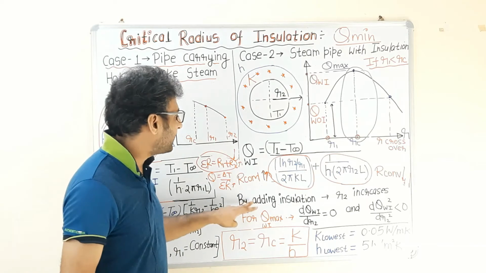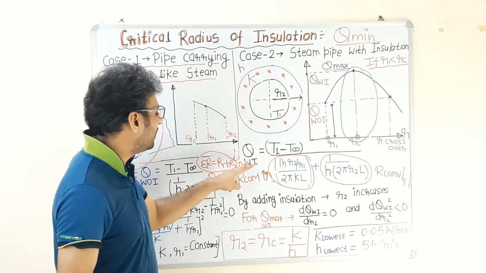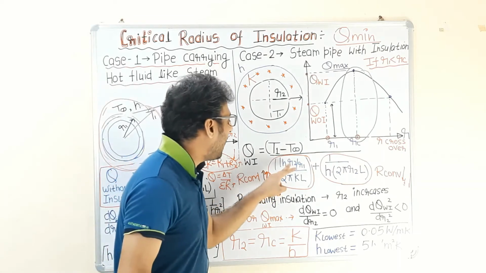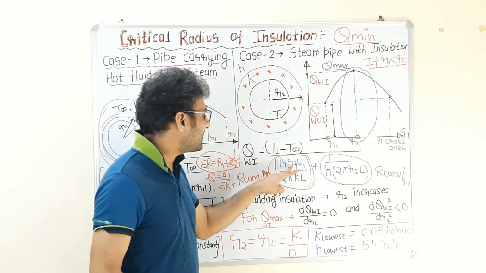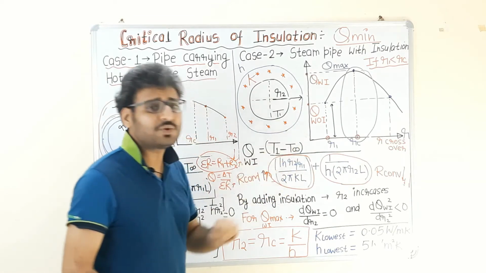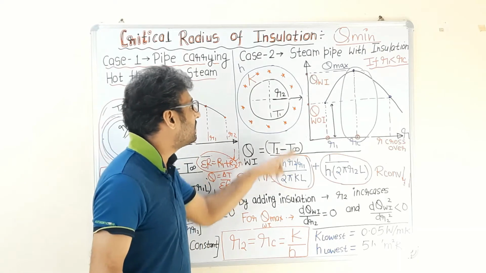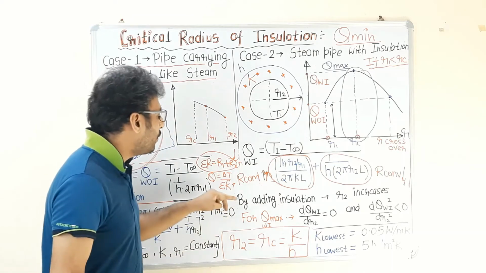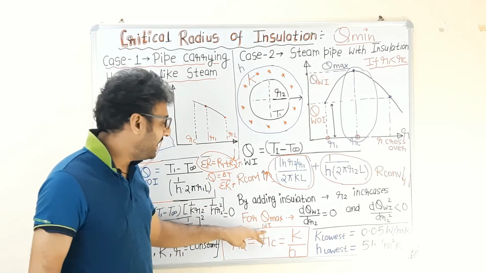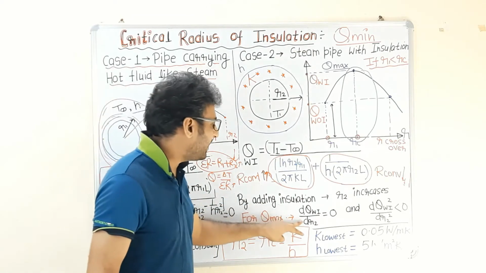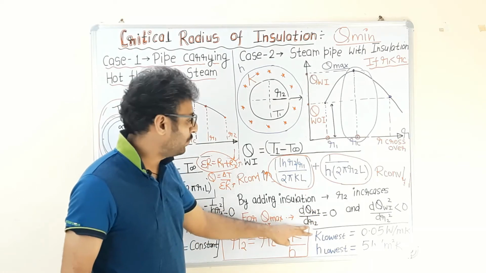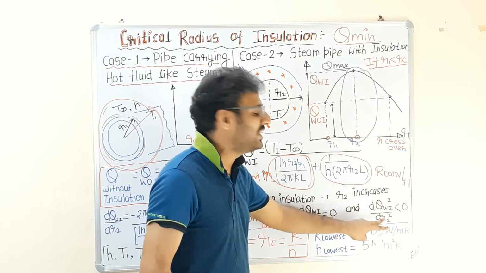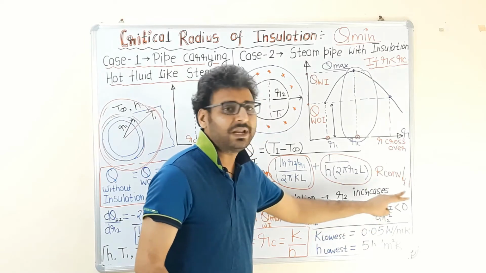In the expression of the heat transfer rate with insulation, all other parameters are constant, only R2, the radius of the insulation, which depends on the thickness of the insulation, is variable. Hence, to achieve maximum heat transfer rate, the derivative of Q with respect to R2 should be 0, and the second derivative of Q with respect to R2 should be negative.